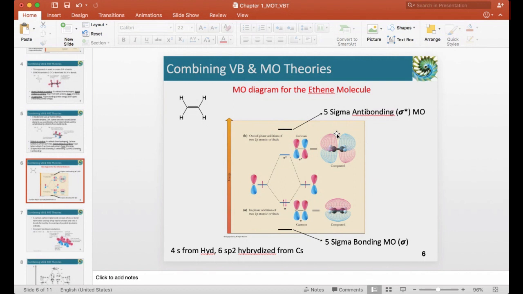Okay, and now this would be the diagram here. So how many electrons should we add in this diagram? We have 10 electrons from sigma bonds and 2 from the pi bond, a total of 12 electrons. We will have 5 sigma bonding molecular orbitals, each one with 2 electrons.